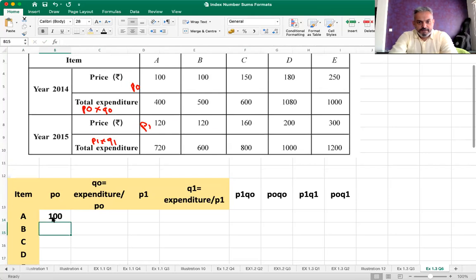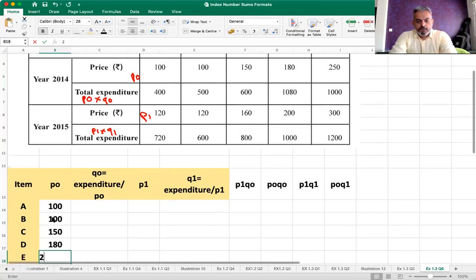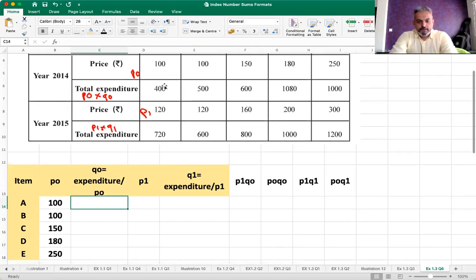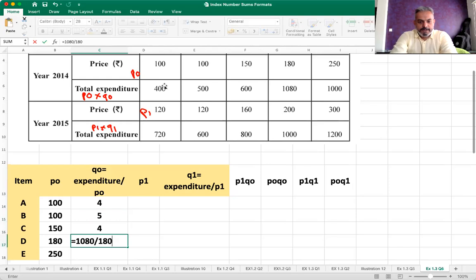P0. First let's write this: 100, 100, 150, 180, 250. Q0: 400 divided by 100, so 4. 500 divided by 100, so 5. 600 divided by 150, so 4. 1080 divided by 180, which is equal to 6.